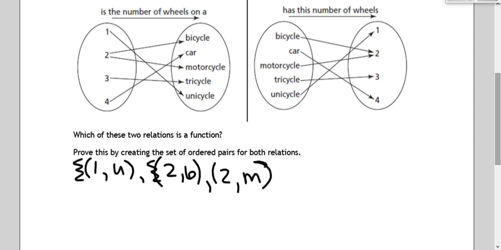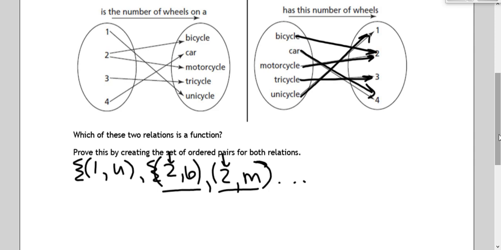At this point, I'm going to stop because I see that I have 2 of these right here, the same independent variable. This is no longer a function. So if I look at this one on the right, even just looking at the arrows, each arrow only leads once from this one. So this is a function.